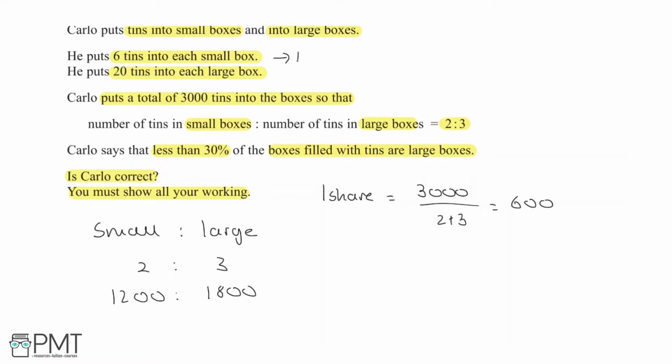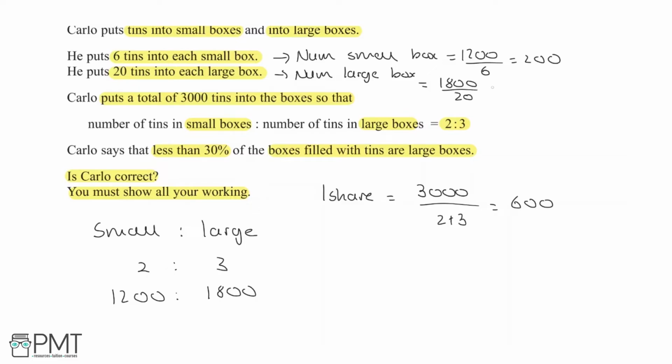So that means the number of small boxes will be 1,200 over 6, which equals 200, and the number of large boxes will equal 1,800 over 20, which is 90. Now what we need to do is work out what 90 is as a proportion of the total number of boxes used.